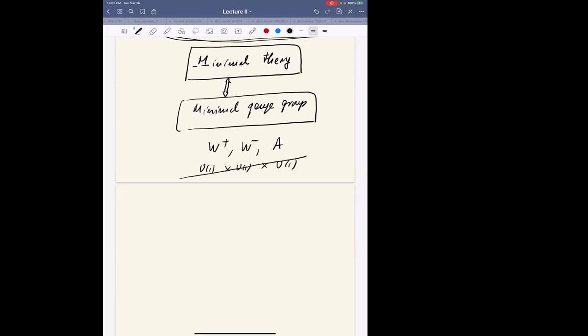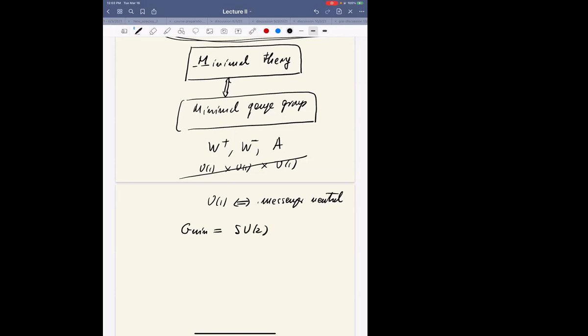No, this cannot work, because U1 means messenger is neutral. We saw it, you know that messenger is neutral, but W is charged. So the minimal gauge group, thank you, is the G minimal, is SU2.